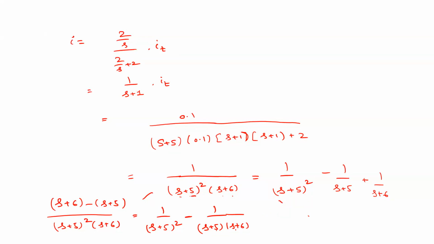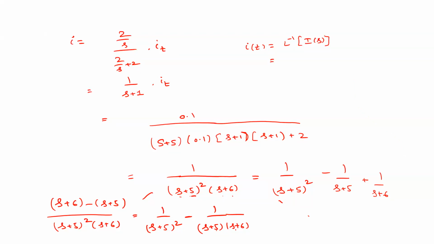If this is the case, so what is its inverse Laplace? What is its inverse Laplace, this one? e power minus 6t. So what is the first one? 1 by s plus 5 square.